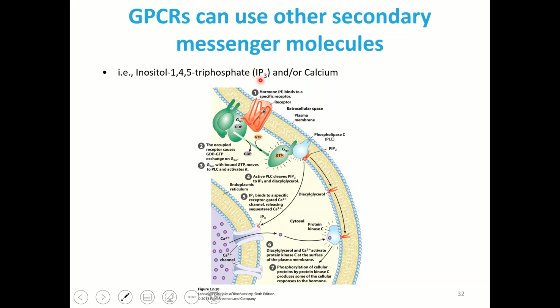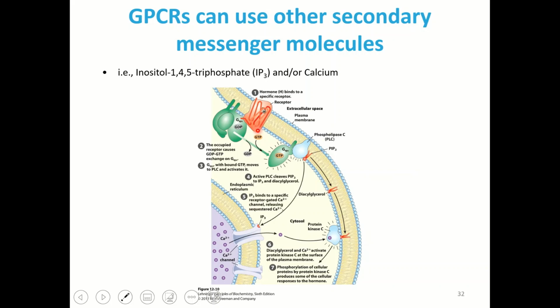You can also just think of this as IP3, or simply inositol, I think would be fine. It's typically in the form of phosphatidylinositol phosphate, and it would be in the membrane. The head group is that inositol phosphate.